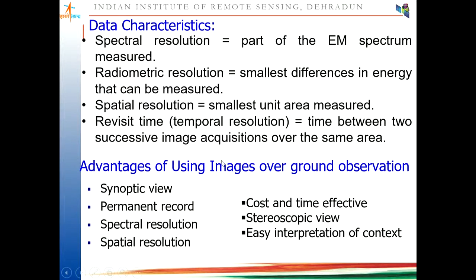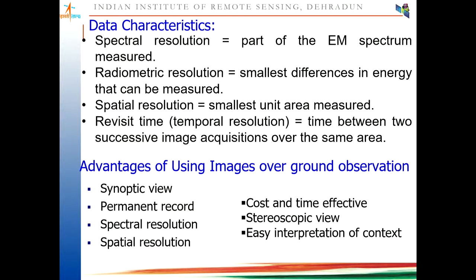So spectral resolution, radiometric resolution, spatial resolution, and temporal resolution constitute these data characteristics. And I need to choose wisely whether spectral resolution would be of more importance or whether spatial resolution would outweigh the other three resolutions.